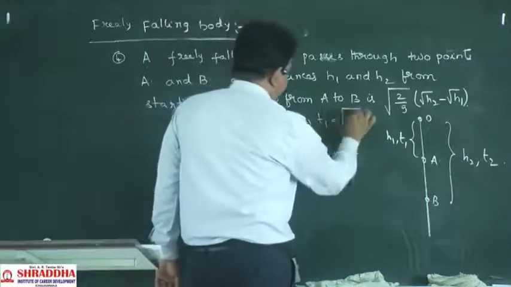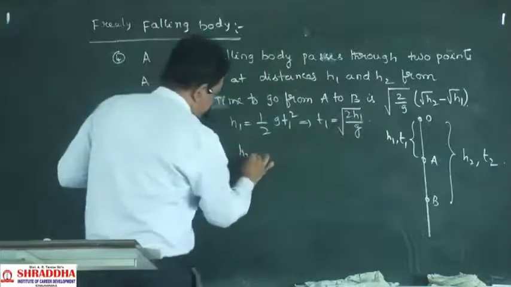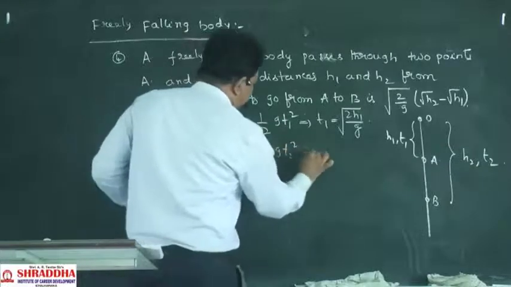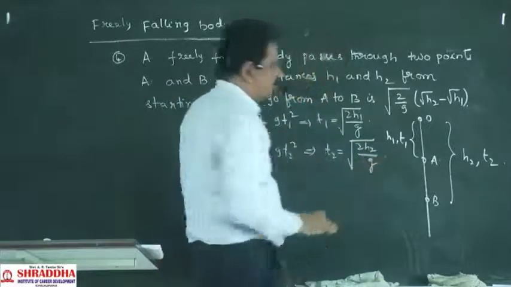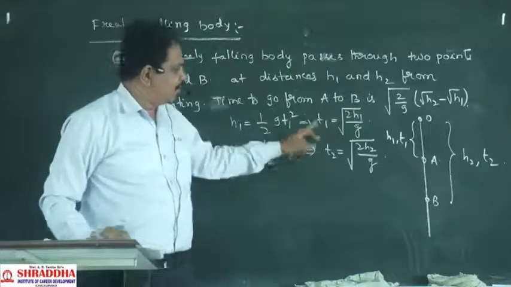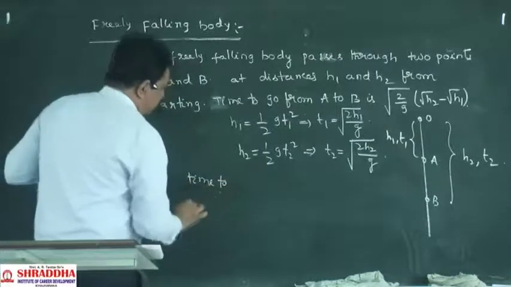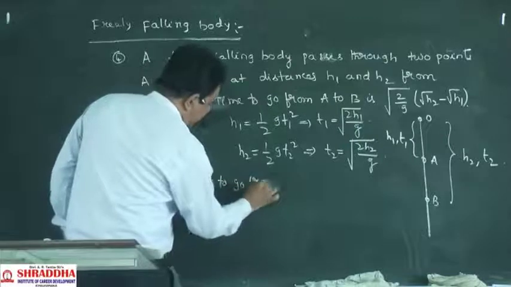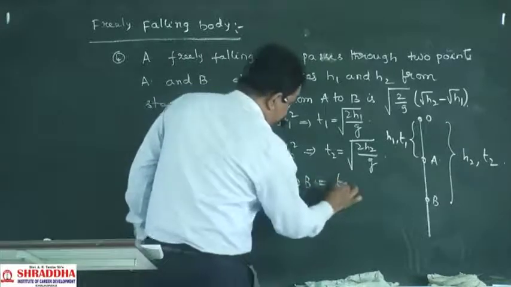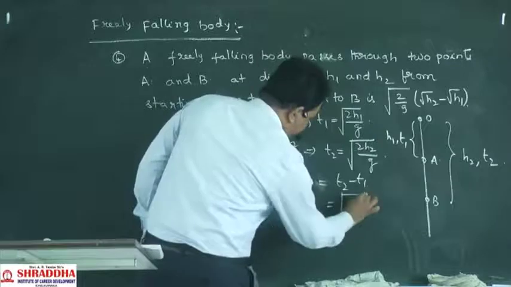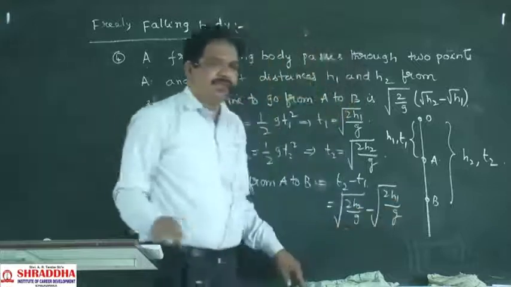From this, t1 is equal to root of 2h1 by g. And h2 is equal to 1 by 2 g t2 square, then t2 is equal to root of 2h2 by g. Then if we calculate the difference, the time to go from A to B is t2 minus t1, which is root of 2h2 by g minus root of 2h1 by g.